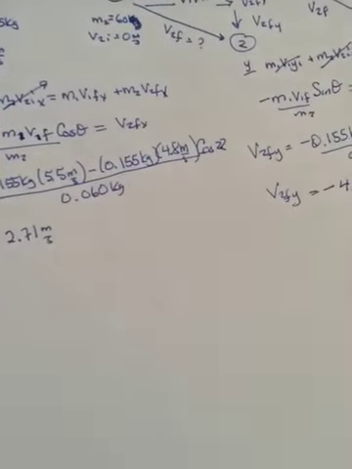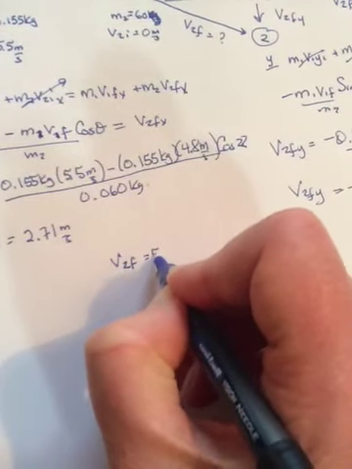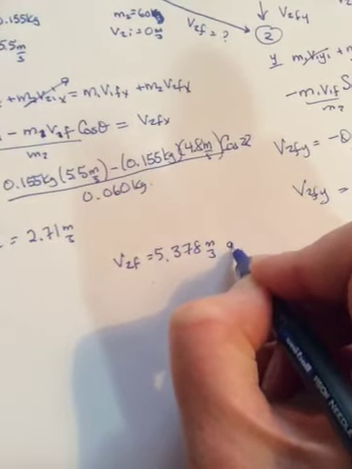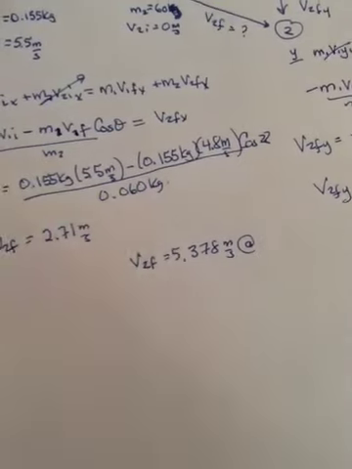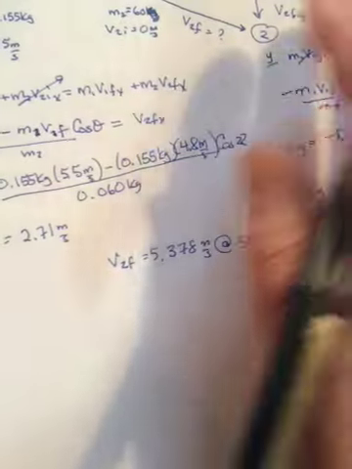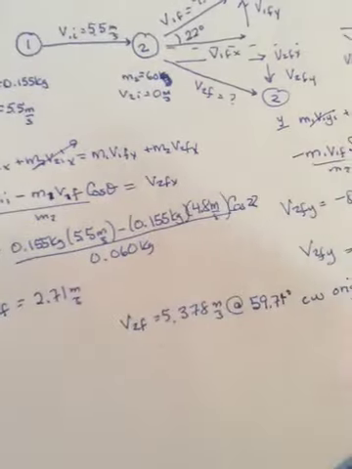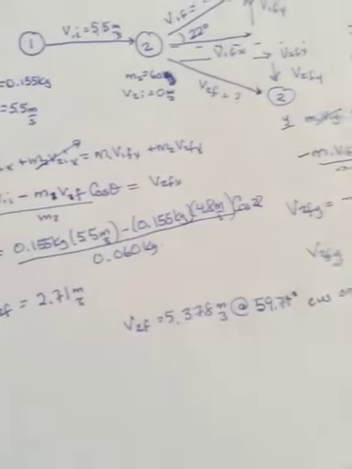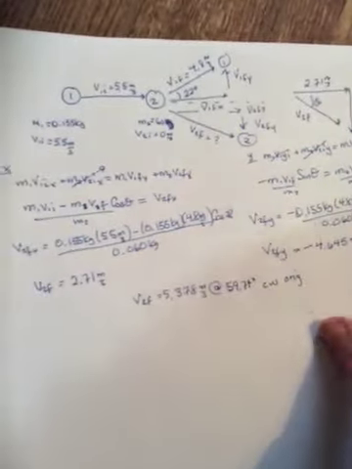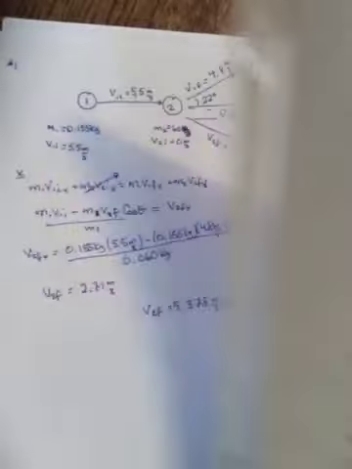So square them, add them together, take the square root, use tan to find your angle, and you'll get V2F to be 5.378 meters per second at an angle of 59.74 degrees. And which way? Clockwise. Okay? So hopefully these are getting easy for you by now, because it's just the conservation of momentum being applied in the x direction and the y direction. All right, number 2, I believe it's an explosion.